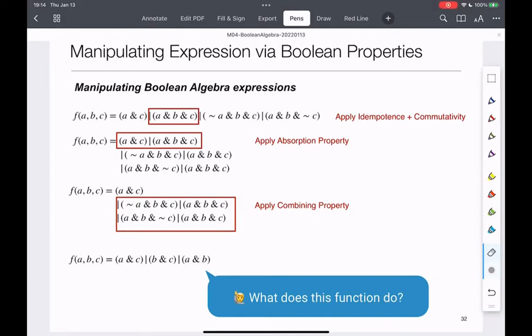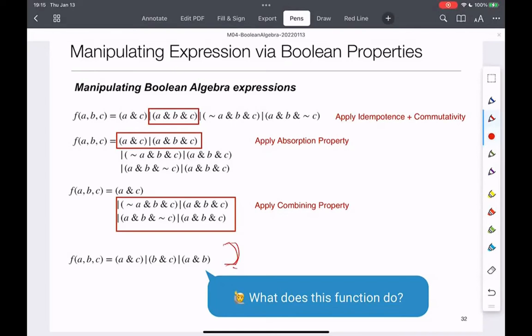F(A, B, C) is A and C, or B and C, or A and B. Okay, I guess more pertinent to us, what does this function do? Like, in more plain English, what would you say this function is doing? So look at this guy. What is it?